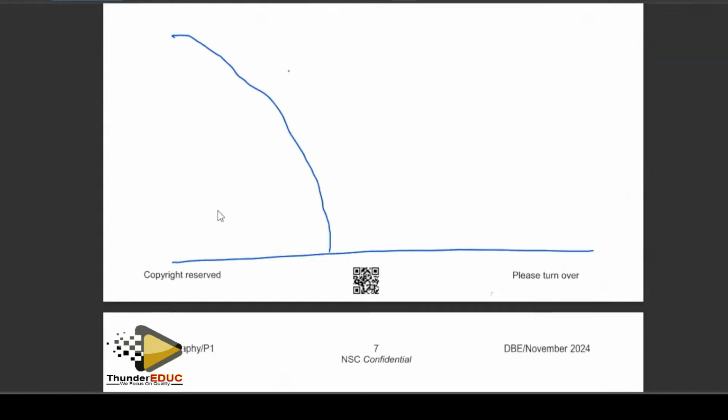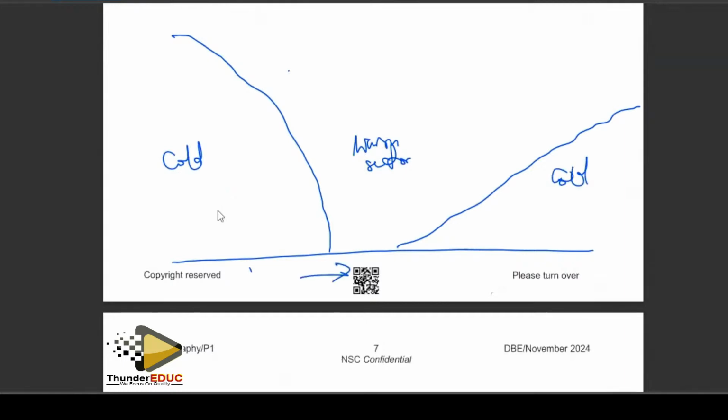This is our ground, and let's say a warm front is somewhere like this. So we are saying this is the warm sector of our weather system, and this is the cold sector. And this system is moving in that direction, from west going to east.